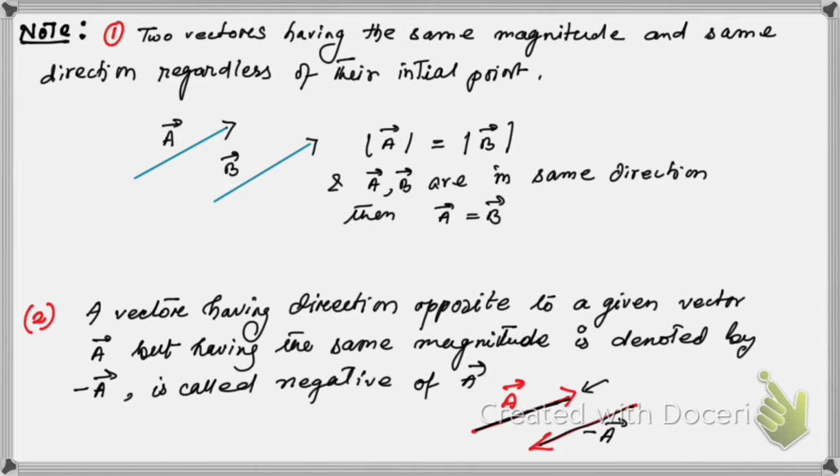If this is vector A, then this is the negative of vector A. Hope you have understood this.